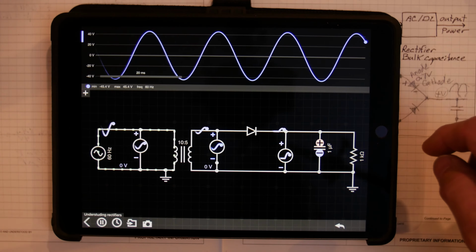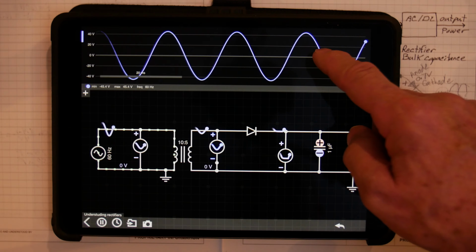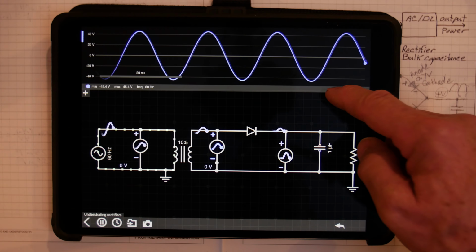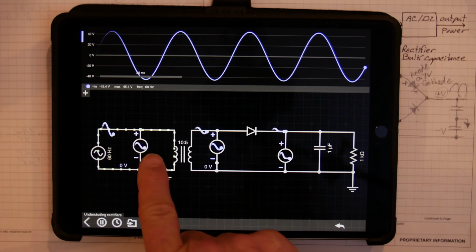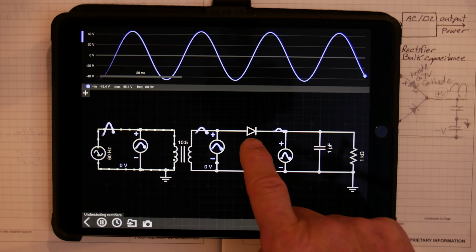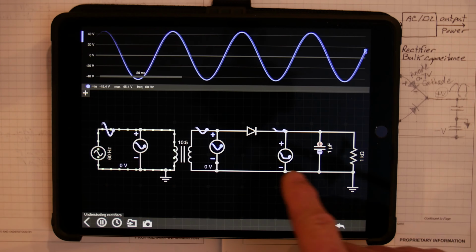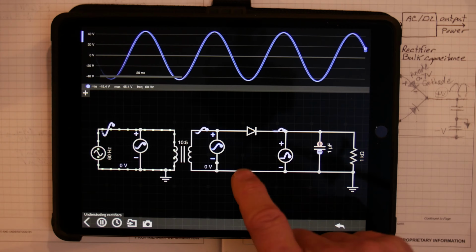Okay, so incidentally, because of the transformer I have in here, we're at 45.4 volts on the top and minus 45.4 volts on the bottom. So we've dropped a little bit of voltage in the, well, the diode's going to drop some voltage from this side to this side, so that's one thing. But we're still looking at this side. We haven't gone to this side of the diode.